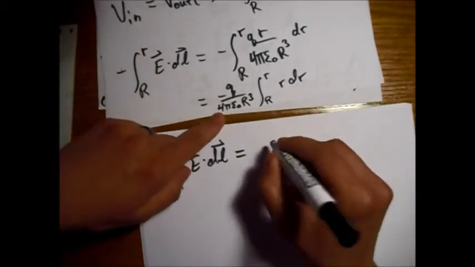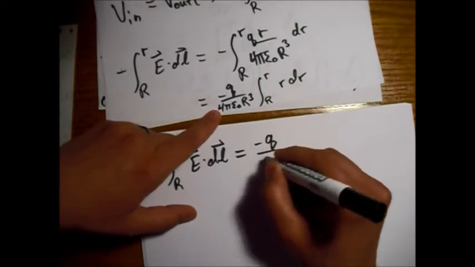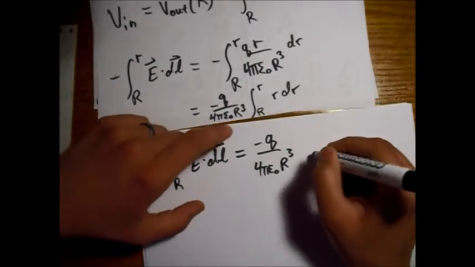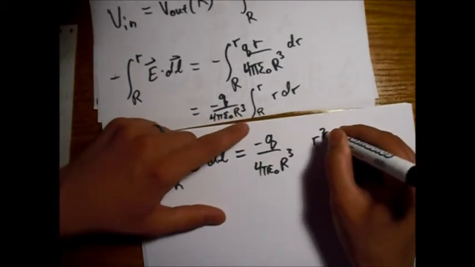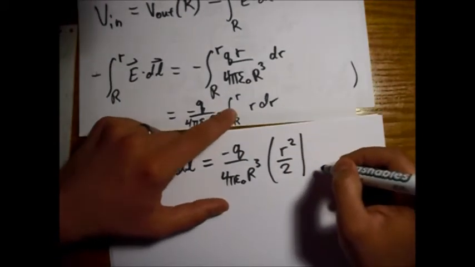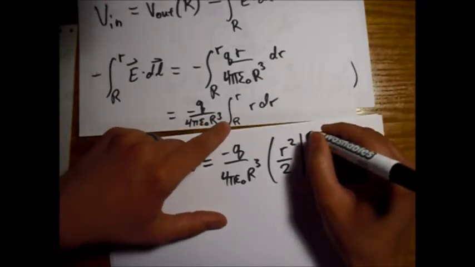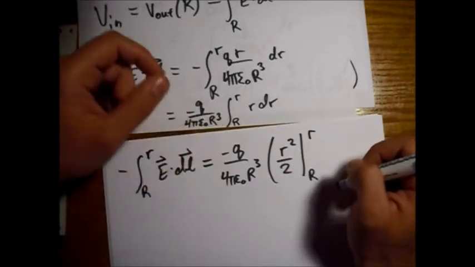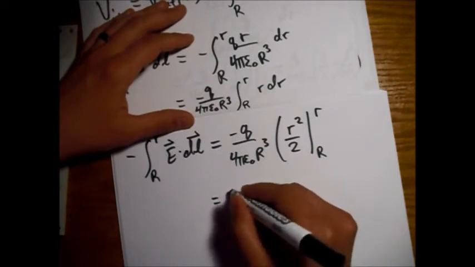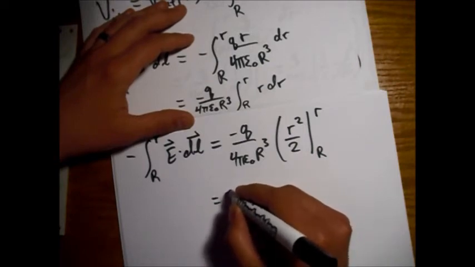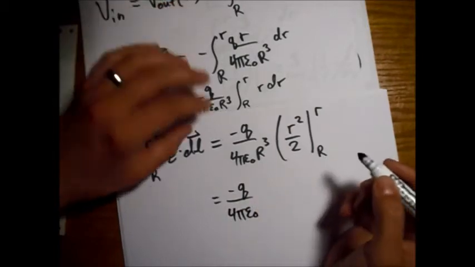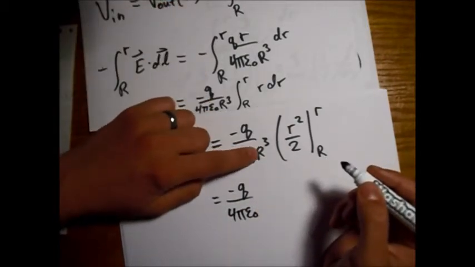All right, so minus Q over 4 pi epsilon naught big R cubed, and now we have an r squared over 2, and this is evaluated from big R into little r. Okay, so minus Q over 4 pi epsilon naught. I'm going to hold off on the R cubed for a sec.